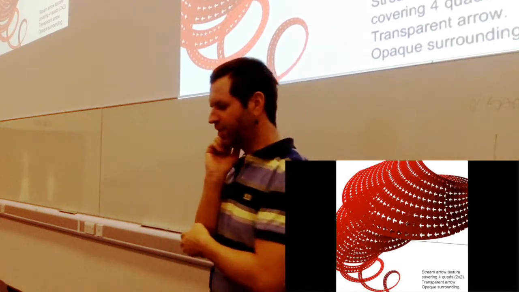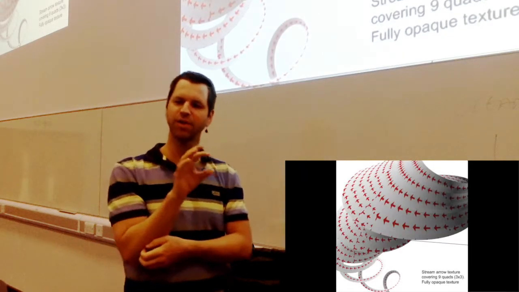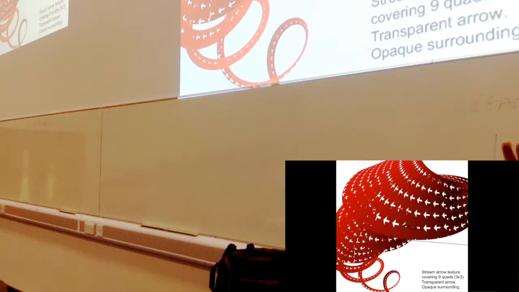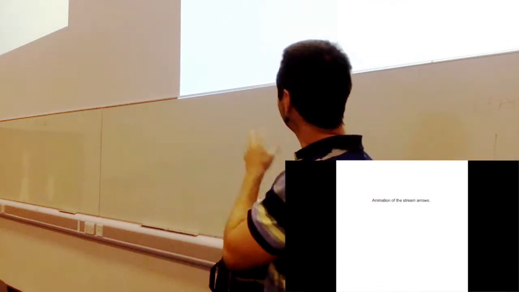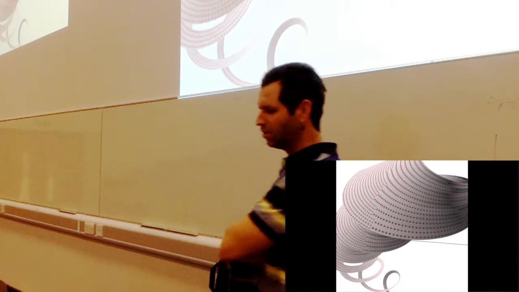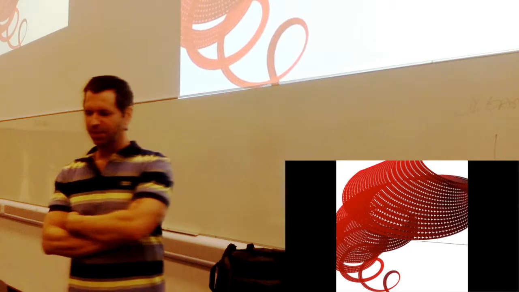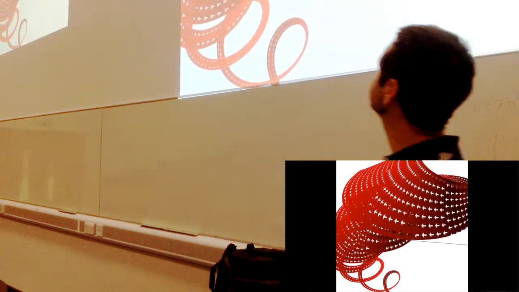And because we can add texture mapping to them, we can vary the transparency of the texture mapping and add little arrow glyphs, for example, that show the downstream direction of the flow. And the user is changing the textures on the stream surface, because they can be modified into different kinds of textures, like different kinds of arrows, different transparency settings.